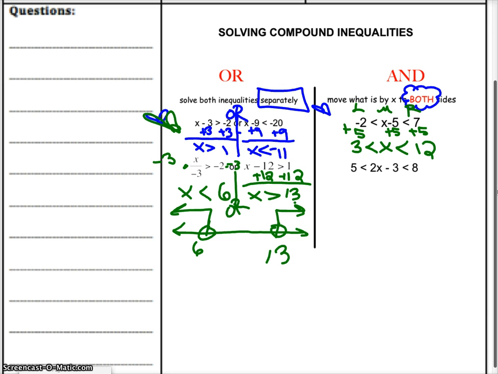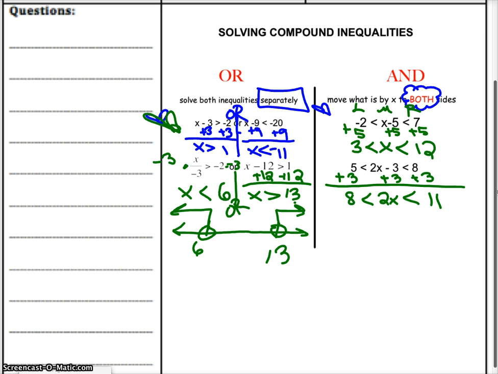Get rid of the 2 or the 3? 3. Yep, how? Add. So watch. Plus 3, plus 3, plus 3. 8 is less than 2x, which is less than 11.